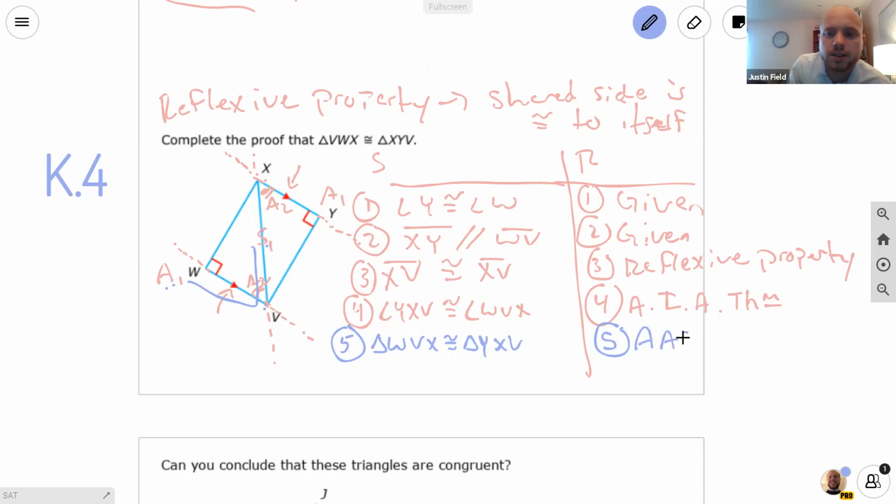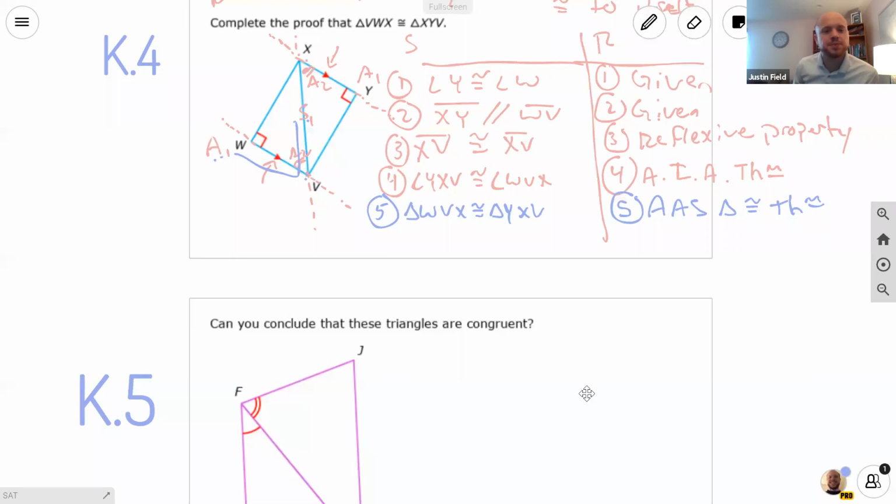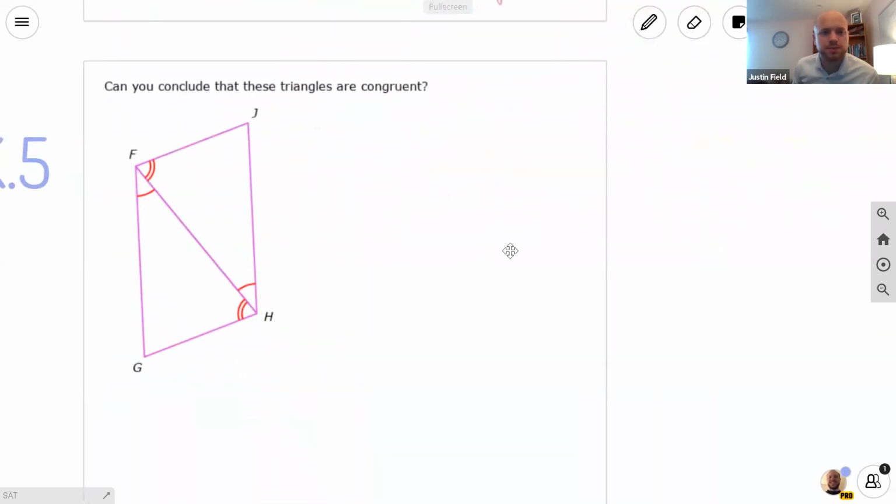Angle, angle, side, triangle congruence. I know you're like, postulate or theorem, Mr. Field? I know that's what you're saying. Theorem. We prove angle, angle, side based on angle, side, angle. Or based on side, angle, side or something. But, yep. All right, last one.